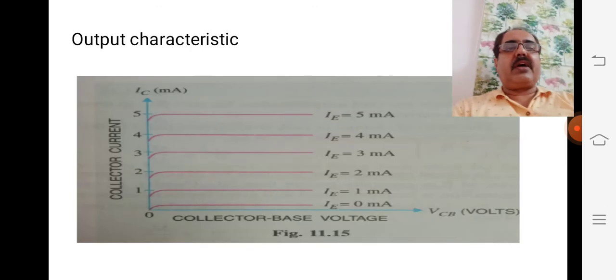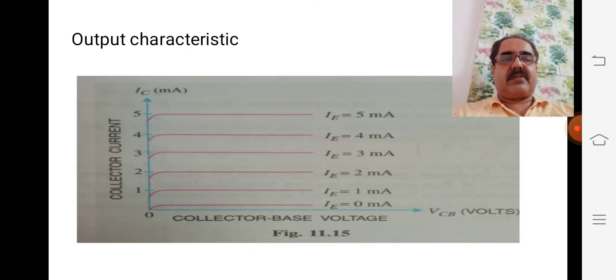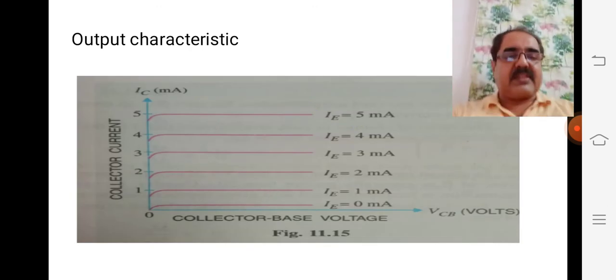Now we consider the output characteristics.